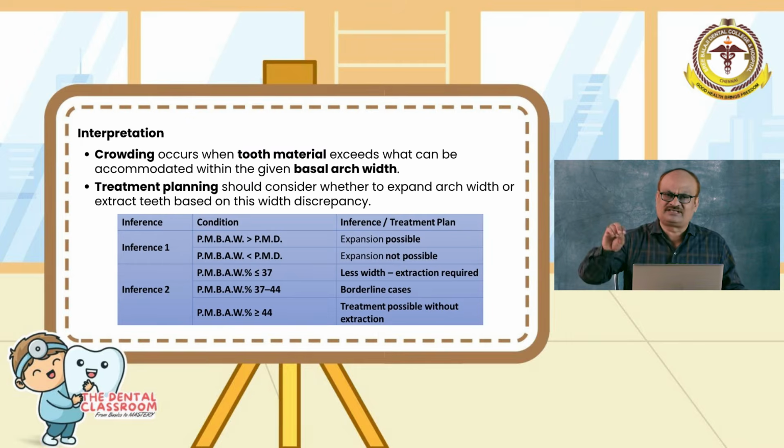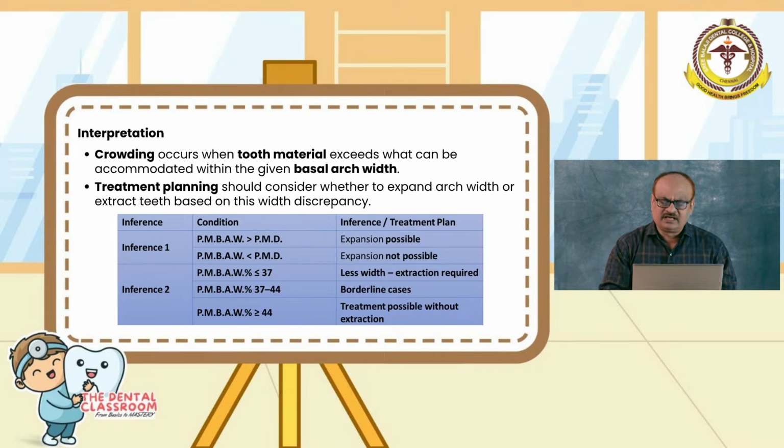Now, the second inference he has given is the ratio of total tooth material. You remember that in the first step we calculated the TTM by PMBAW ratio. According to him, the basal arch width maintains a proper ratio with the total tooth material. If this ratio is less than 37%, it indicates there is excess tooth material for a given arch width at the premolar region. Then think about extraction.